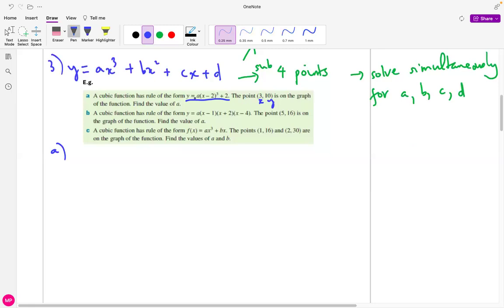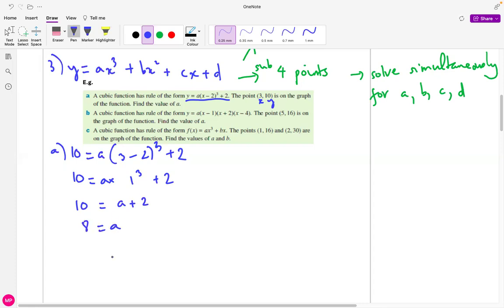So 10 equals a(3 minus 2) cubed plus 2. Then I just solve it from here. So a times (3 minus 2) equals 1, and 1 cubed is just 1. So 10 equals a plus 2, so 8 equals a.